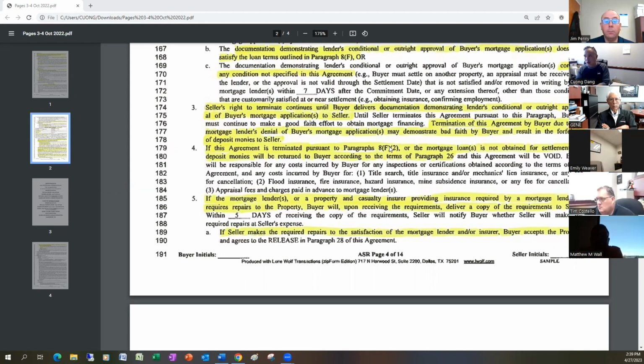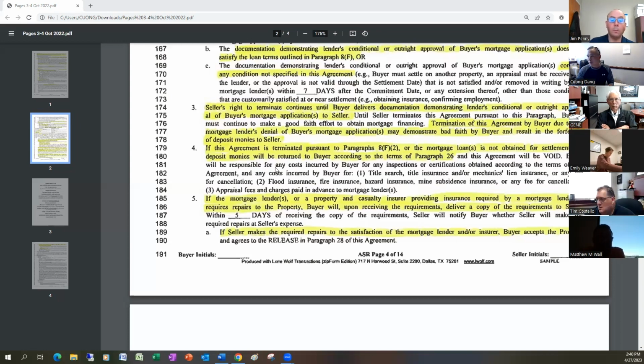So if this agreement is terminated because of the seller, or the mortgage loan is not obtained for settlement, so we come to settlement, we're sitting there and there's no money, right? No money, no house. Is not obtained for settlement, all deposit monies will be returned to buyer according to the terms of paragraph 26. And this agreement will be void. Okay, once the settlement date has passed, it's void.